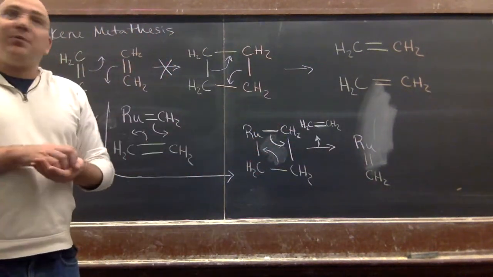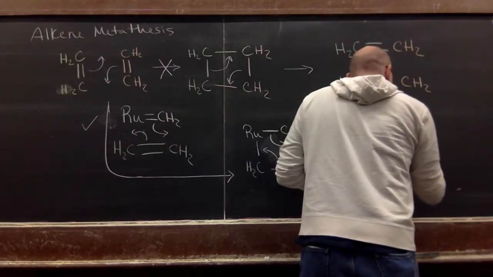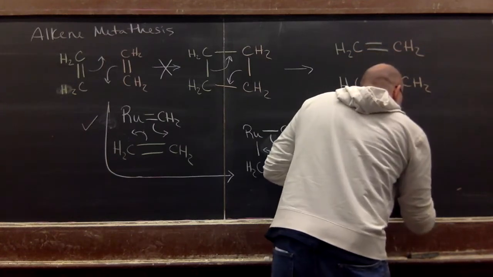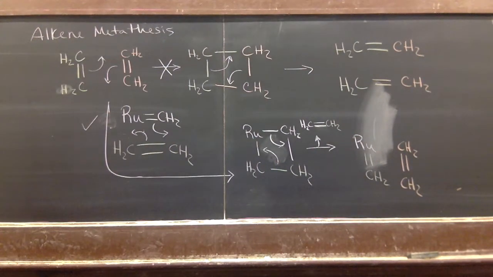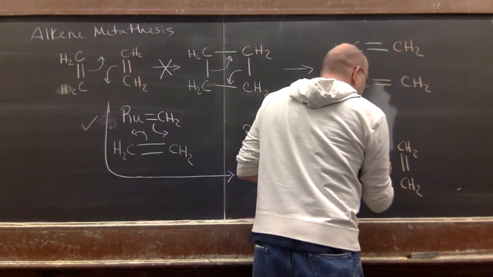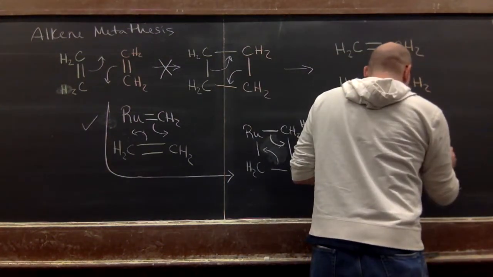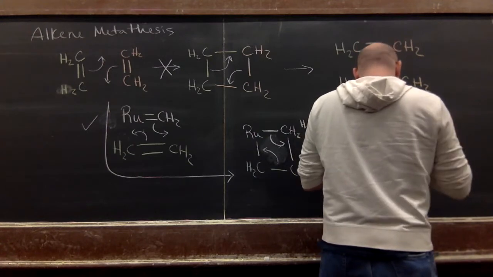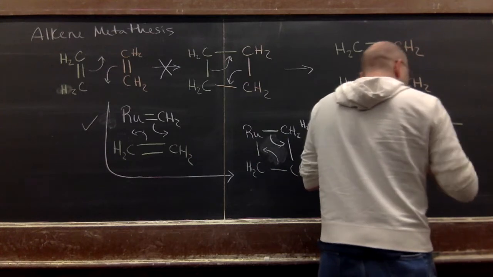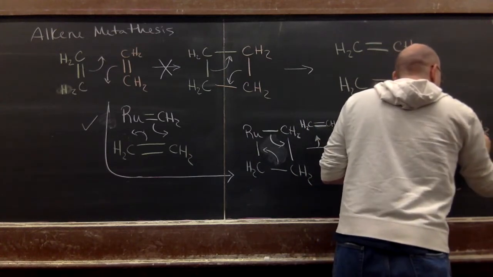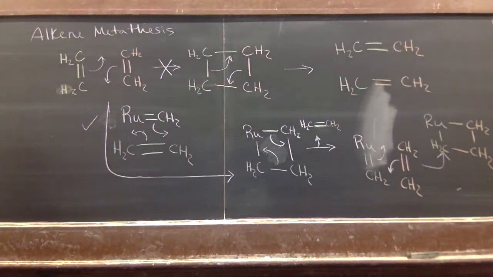Right now, this new ruthenium alkylidene can do what? It can react with the alkene, now that can react with the new alkylidene, to get to our metallocyclobutane.